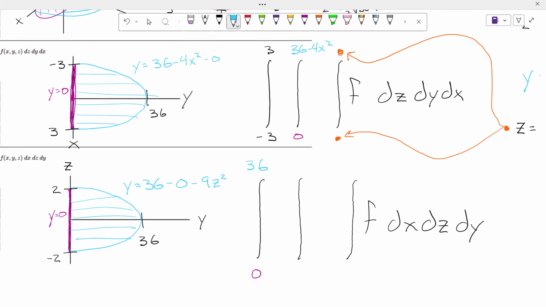The z limits, it's going to be negative 1/3 the square root of, I think we've heard this one before. This time it's 36 minus y, because now x is 0. Up to positive 1/3 the square root of 36 minus y.